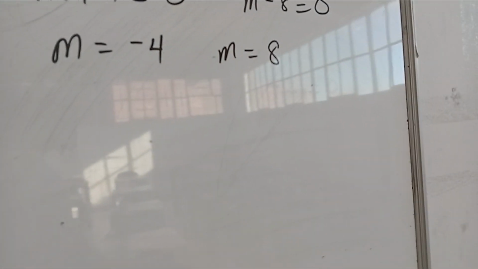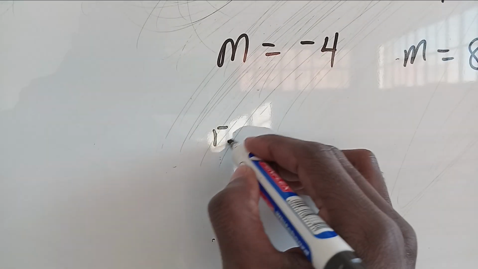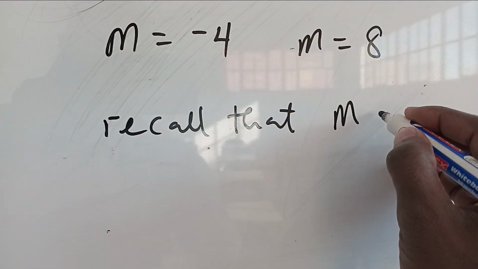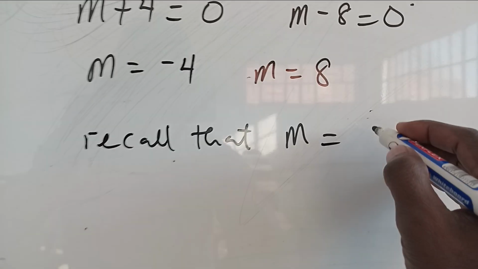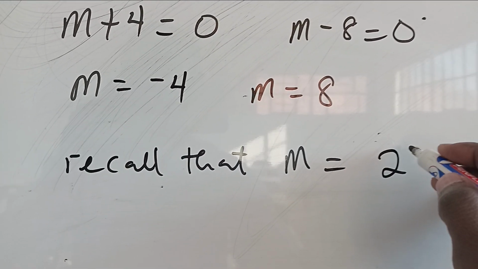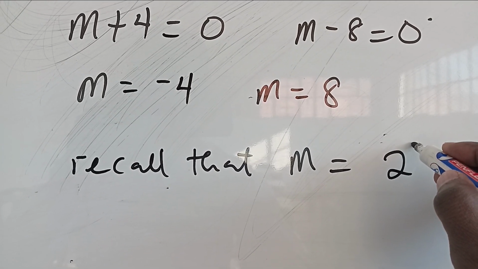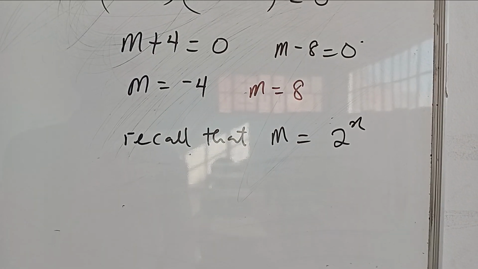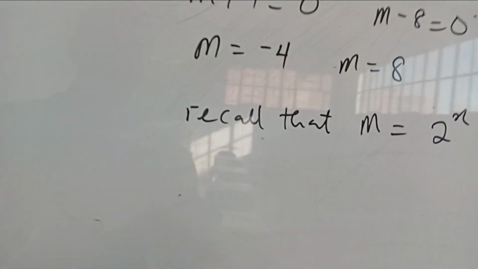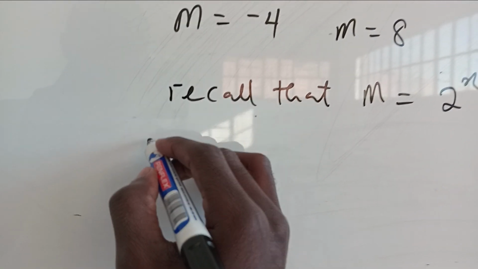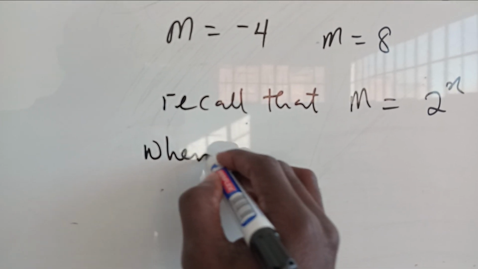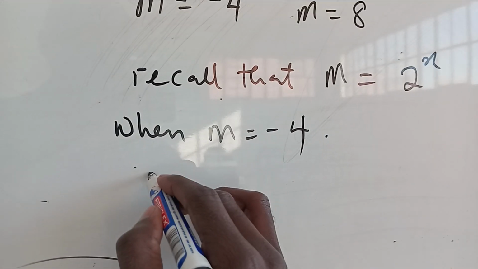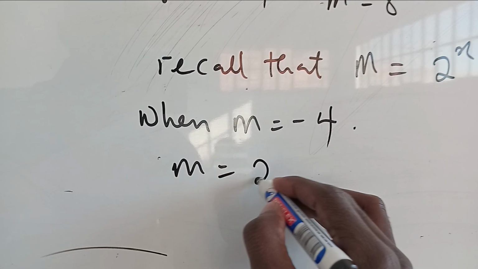From this, we can recall that our m, remember your m is equal to 2 raised to the power of x. So what we need to do now is we say that when our m is equal to minus 4, it means my m equals 2 raised to the power of x.